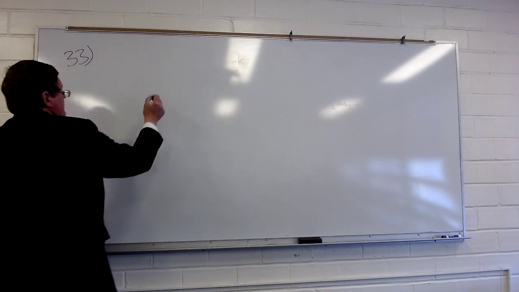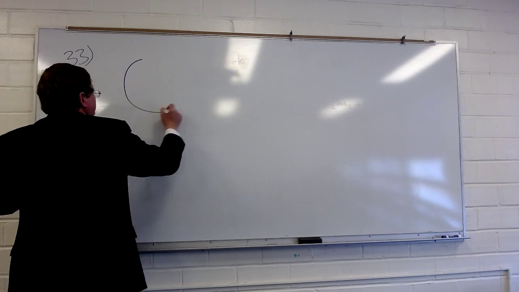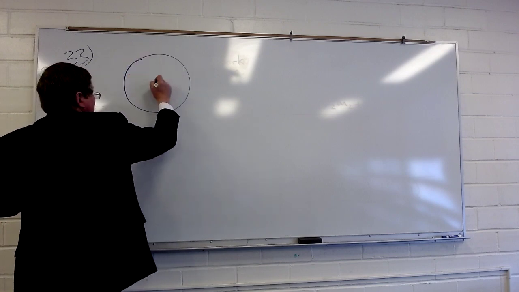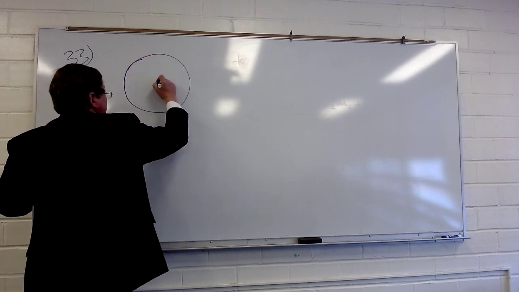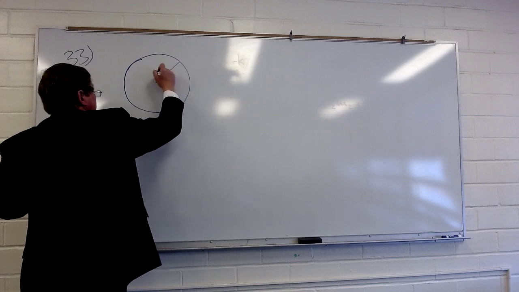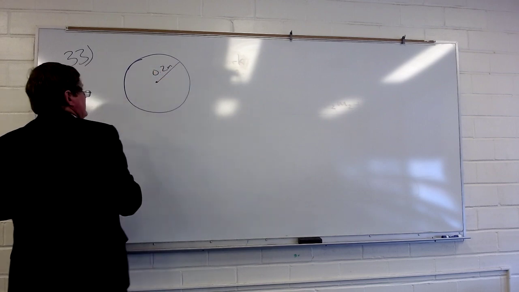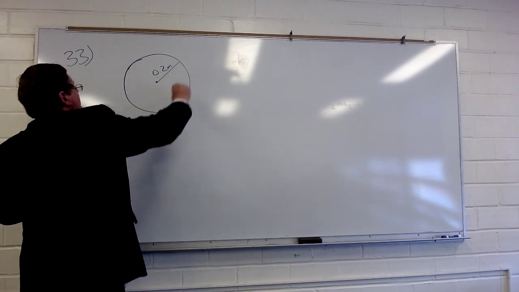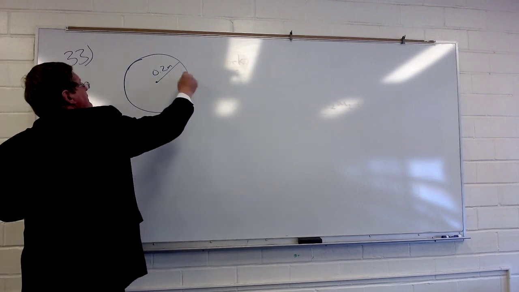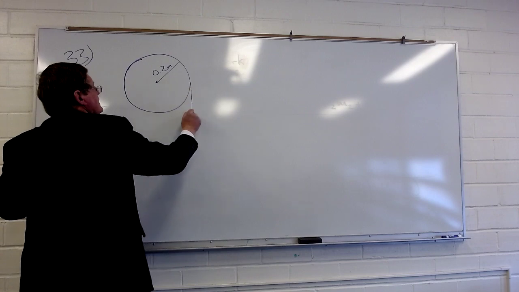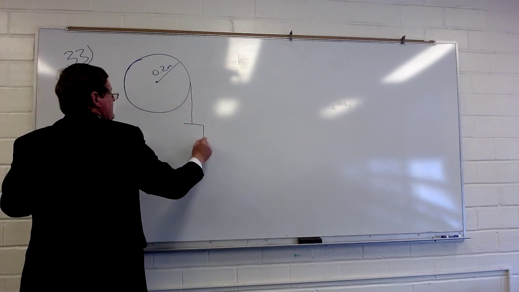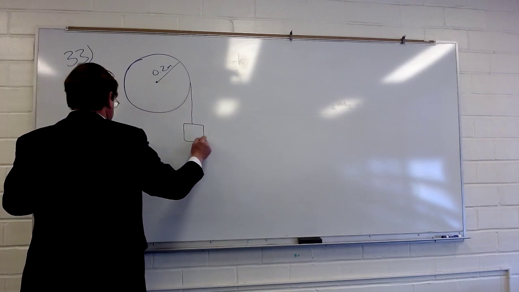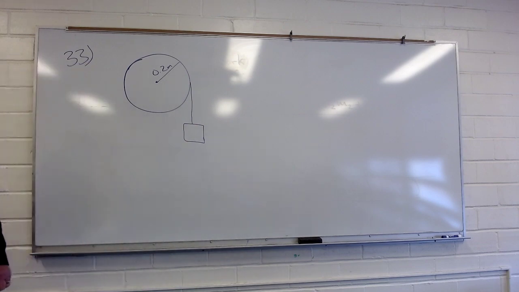We have a wheel, a pulley if you will, and this pulley has a radius of 0.2 meters, 20 centimeters, and it has a string wrapped around it, and this string is attached to a block, and that block is allowed to drop.